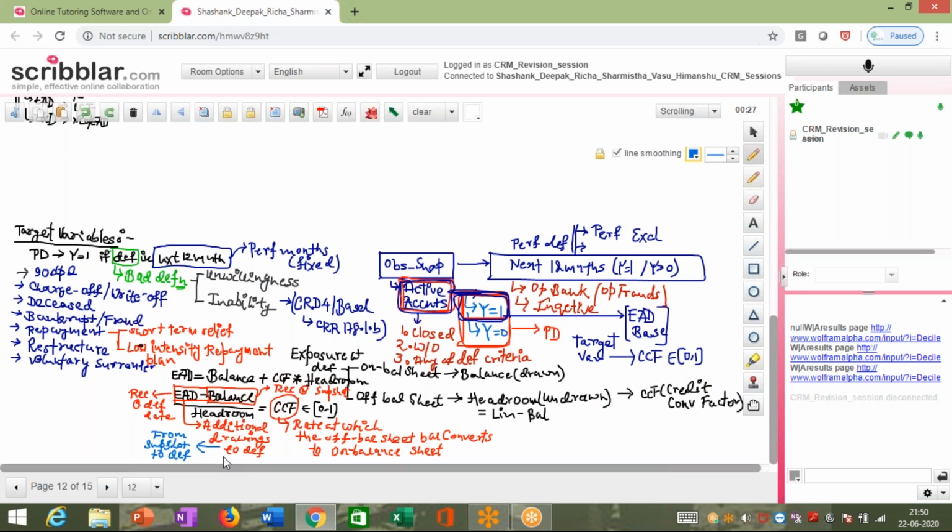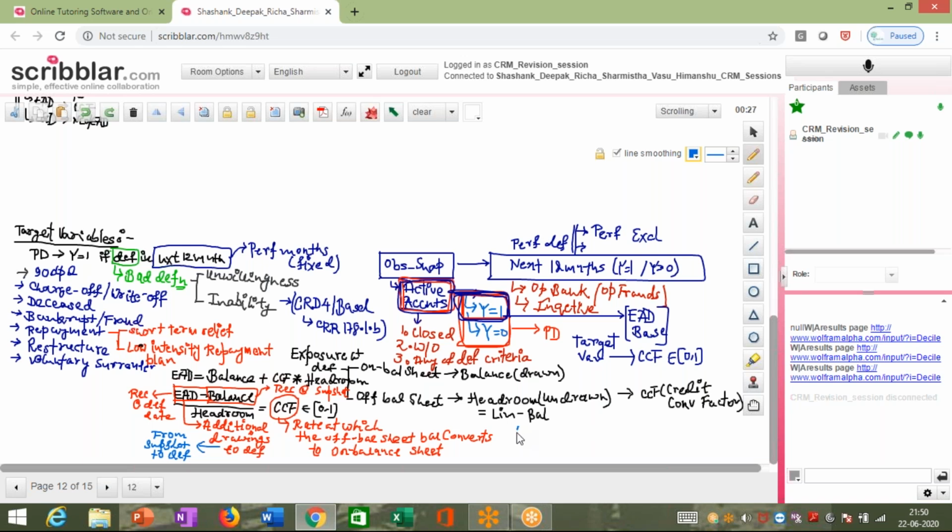Now, however, there is one point which is an issue. At the denominator, while defining the CCF, you have the headroom, which is nothing but the limit minus the balance.